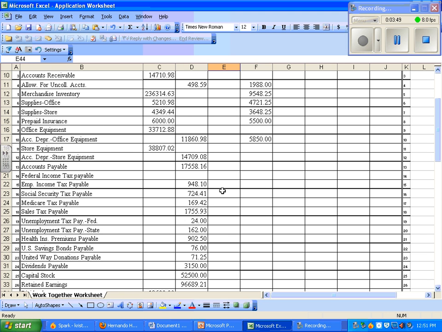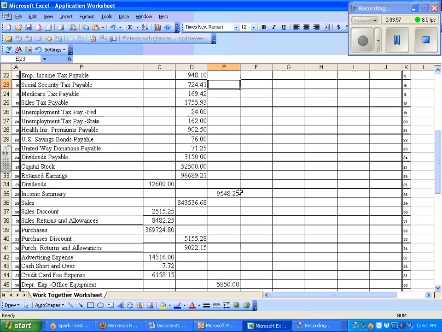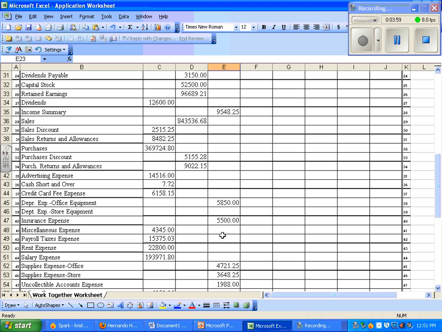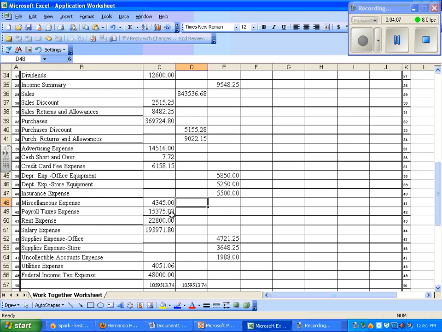And then you're going to go back up, and the accumulated depreciation for store equipment, that adjustment is $52.50, and you're going to put that in depreciation expense for store equipment, $52.50. Okay, so those are the adjustments.